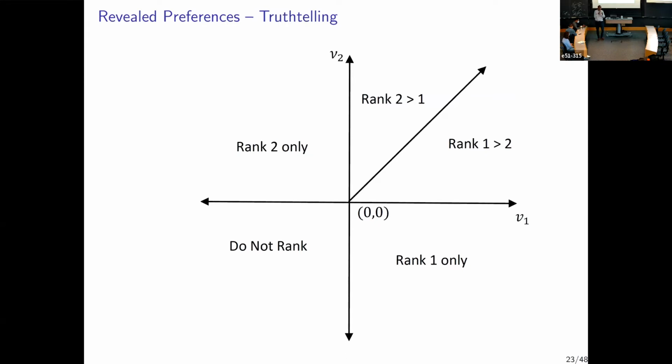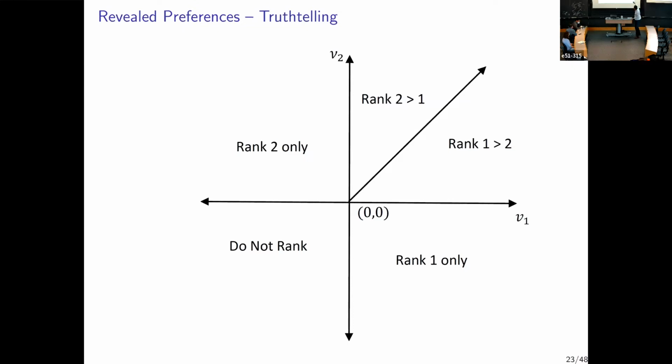So think about a case where there are two schools as usual, so I can plot it in a figure like this. Now it's no longer the case that I can't distinguish between this part of the utility space and that part of the utility space. Now I can distinguish between the two. In both cases, this individual, if admissible to school 1, is going to get to school 1.